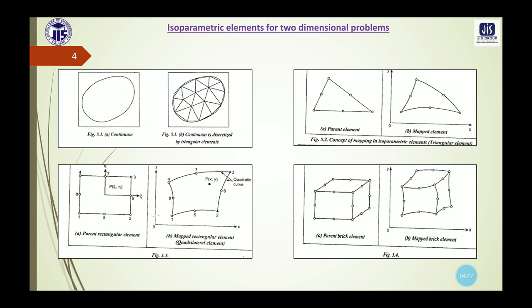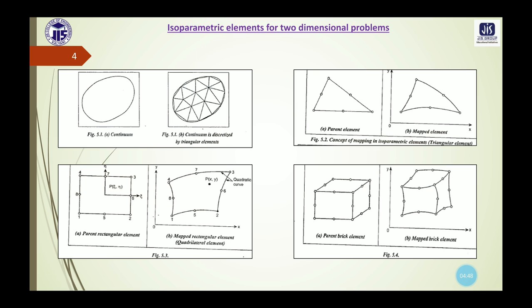In case of complex or irregular geometries where curved boundaries are there, using two and three dimensional elements like the triangle and rectangle is not efficient. So in such cases, to overcome that drawback, isoparametric elements involving the curved boundaries are used.